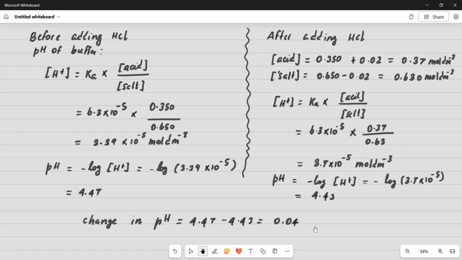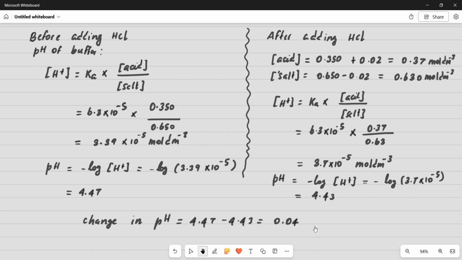That's what we have done here: 0.35 plus 0.02. 0.35 is the concentration of the benzoic acid, and 0.02 is the concentration of the hydrochloric acid added. Equally, you subtract this from the salt, because the salt will combine with this H plus to give the weak acid. So 0.650 minus 0.02 gives 0.63.